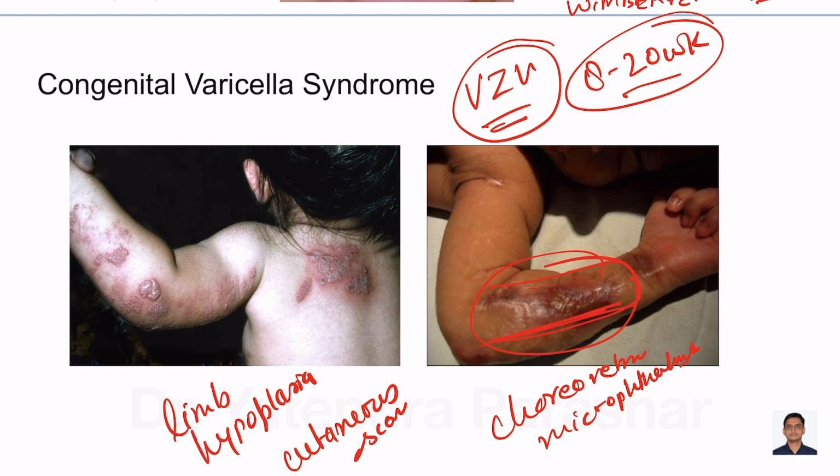Other findings may include microcephaly, cortical atrophy, seizures, low birth weight, and GI dysfunction.